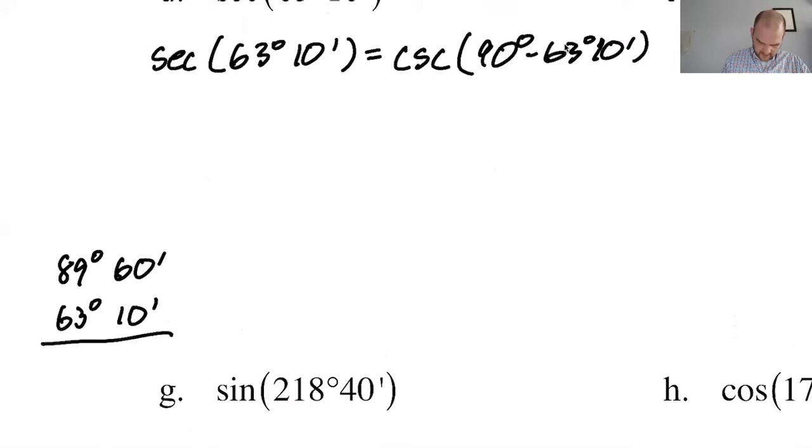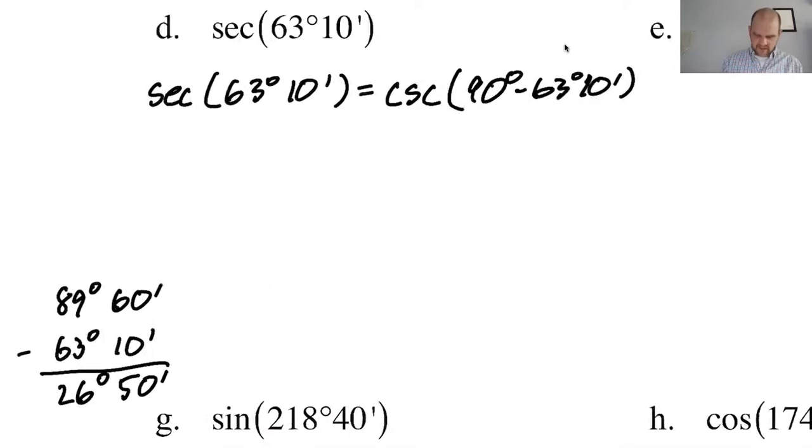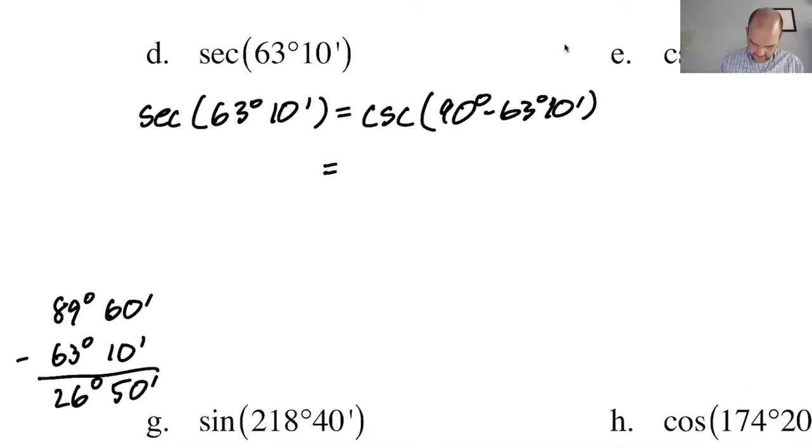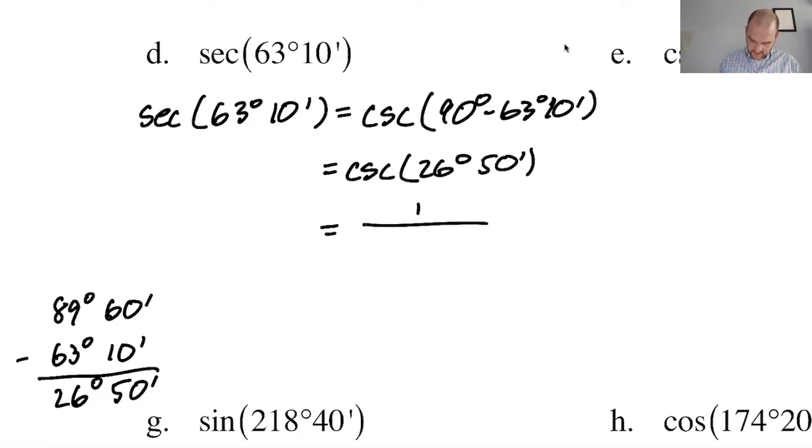So subtract: this will be 50 minutes, and then 26 degrees. If I add those, I get 89 and 60, so it makes sense. So I'm getting the cosecant of 26 degrees 50 minutes. Cosecant is 1 over sine, so it's 1 over the sine of 26°50'.